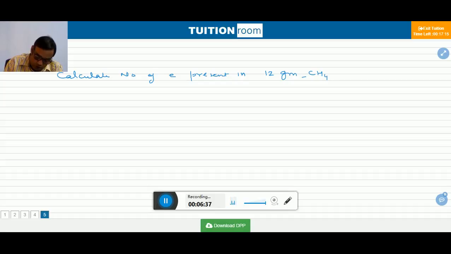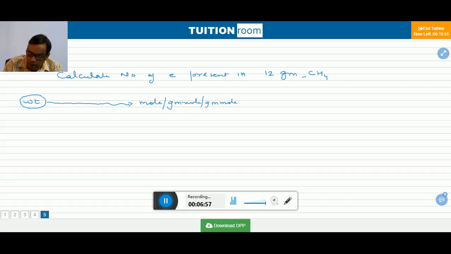So in the previous discussion, we developed a map. If weight is given, then from the weight you move to mole. The mole is similar to gram mole, which is similar to gram molecules, but it is not a gram ion because CH4 is a molecule, not an ion.